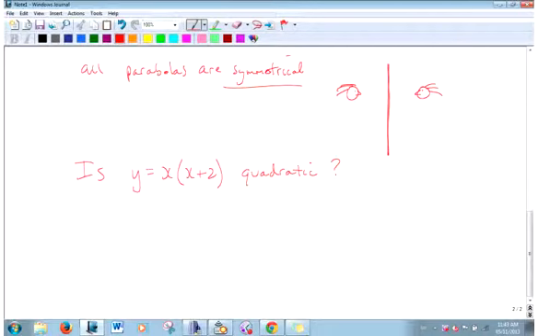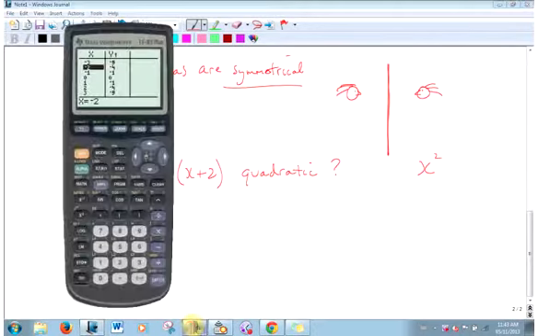Is that a quadratic? We know if something's a quadratic if what happens in that equation somewhere? If we have a squared. Do we have a squared here? What's another way we can check?